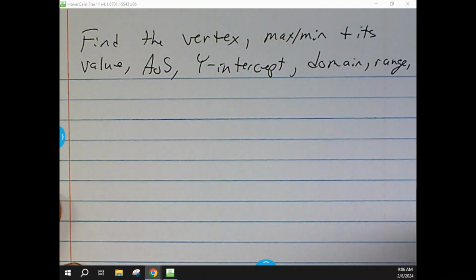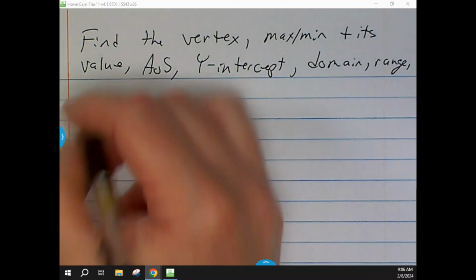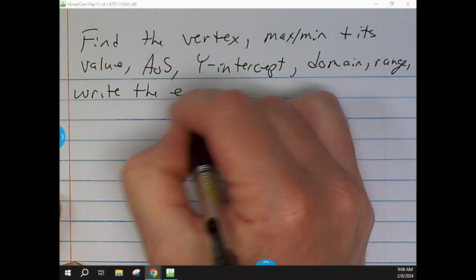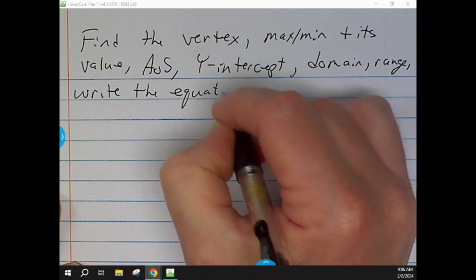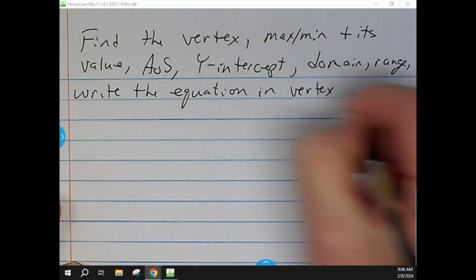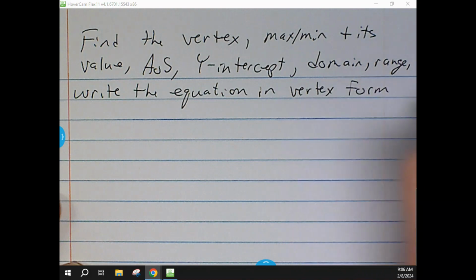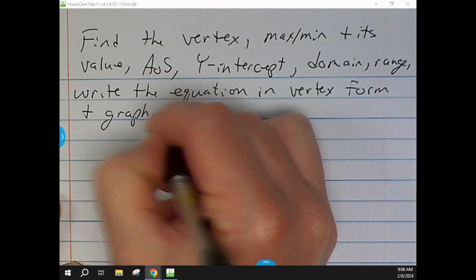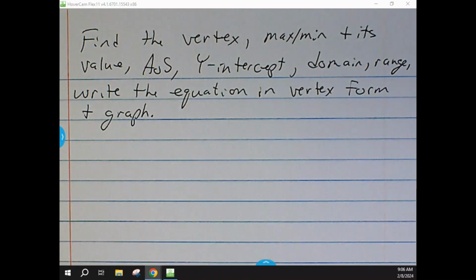Something we're going to do for this one, we're going to write the equation in vertex or graphing form. And then finally, we're going to graph it.